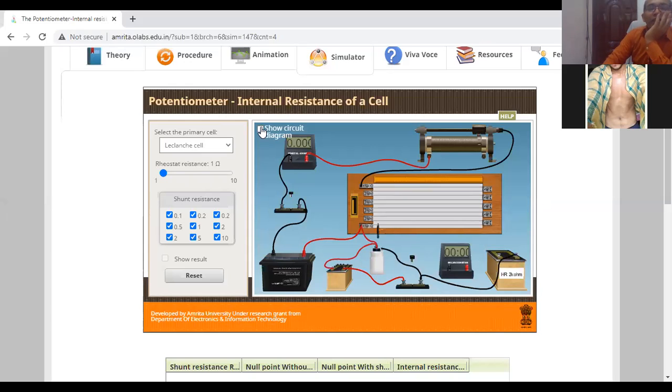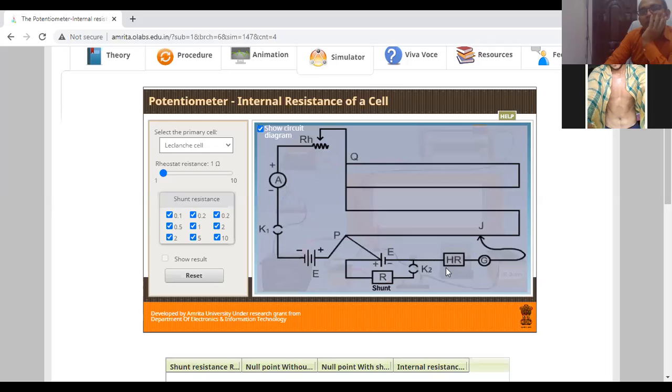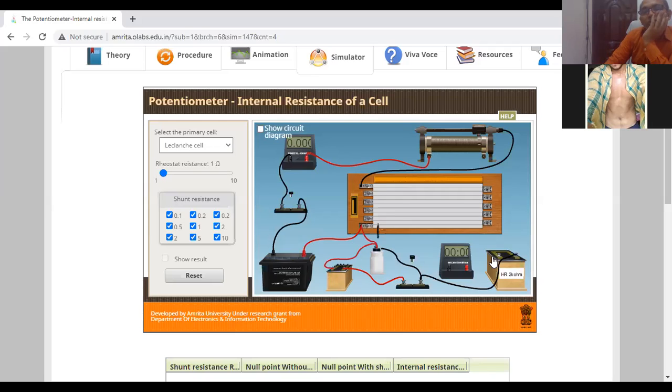Now again, see the circuit. So another terminal of this high resistance box is connected with one of the terminals of the galvanometer. And so, move on. One of the terminals of the high resistance is connected with this one, the red one. And the next one is connected with the jockey key. Correct? Connection is over. All right.